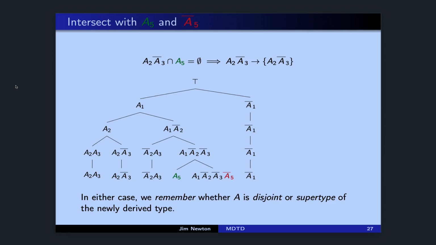I would like to answer not exactly what you asked, because you're hitting on the same point. In each case, we know that the types that we derived are either a subtype of or disjoint with the cutting type. But when we do the simplification, we very well might lose information.